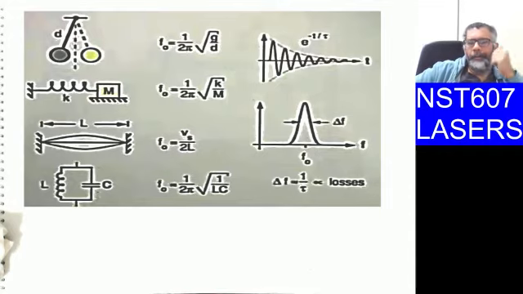If you have a good oscillator, this bell shape is narrower. If you have a bad oscillator, this bell shape is wider. Our aim is to find ways or methods to decrease the width of this distribution in the frequency domain for a specific kind of oscillator.